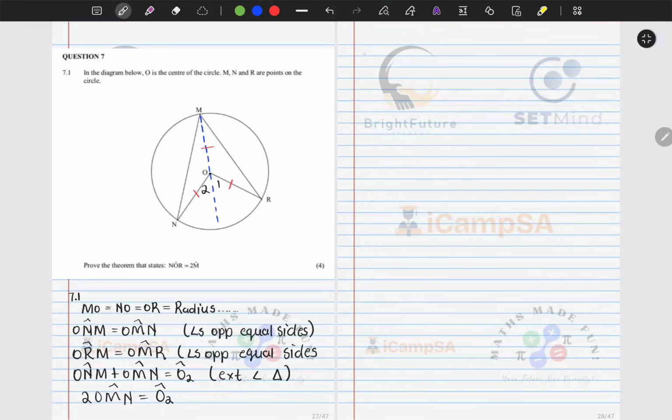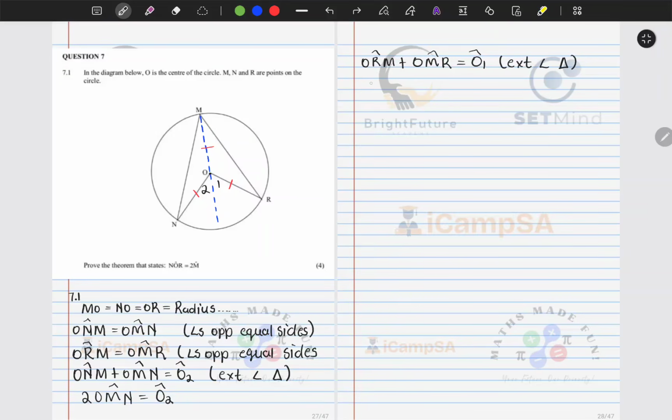Okay, then if we look at the other ones, you will see that this O angle RM plus O angle MR, this will end up giving us angle O1. And why is this the case? It is the exterior angle of a triangle. But we know that these two angles are equal because they are angles opposite equal sides.